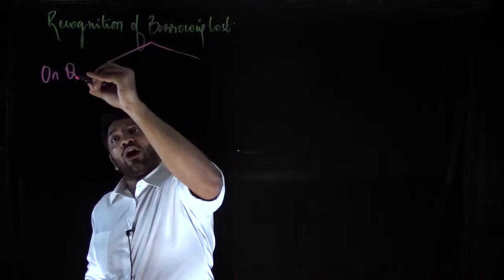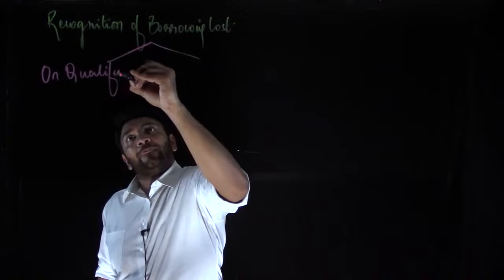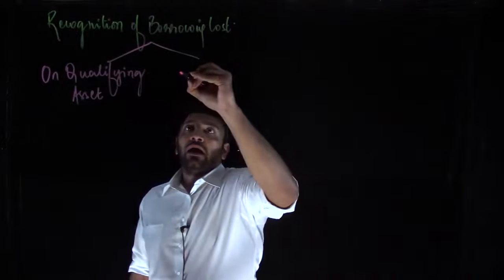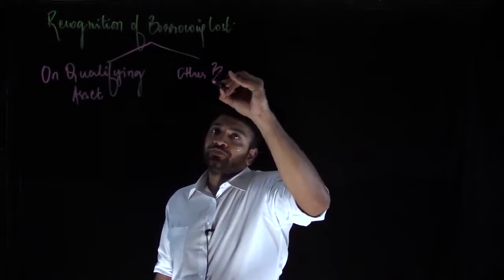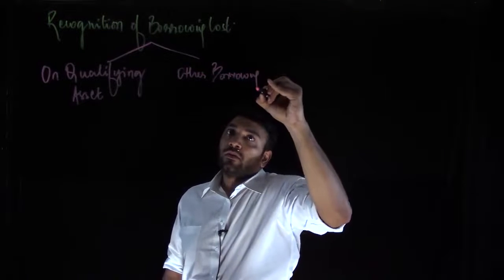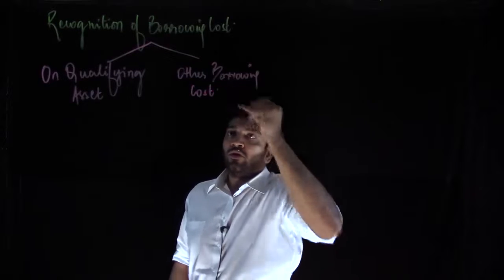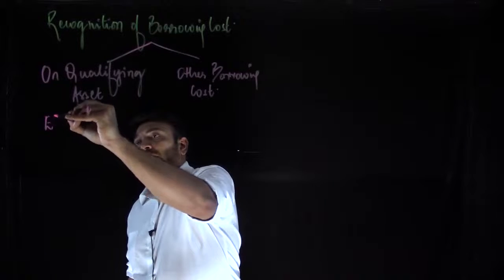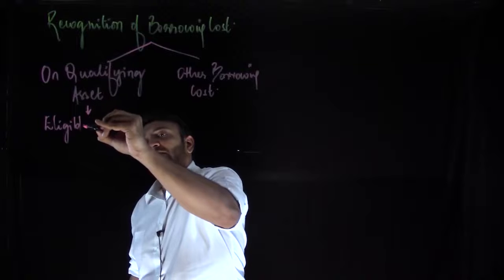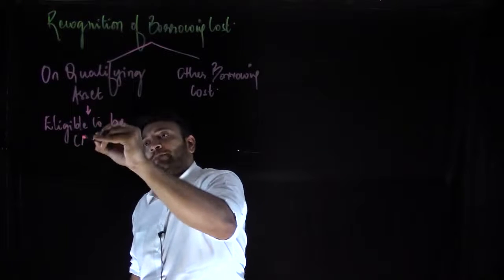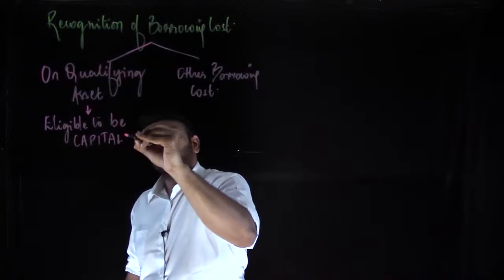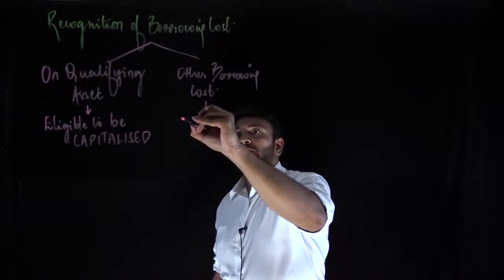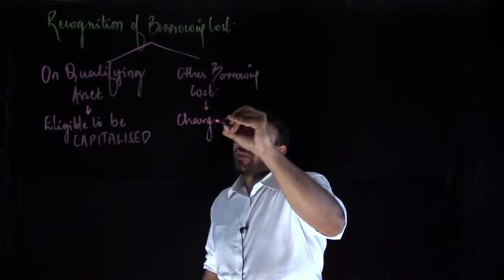Borrowing cost incurred on a qualifying asset, we will discuss what this qualifying asset is, and other borrowing costs. Borrowing cost incurred on a qualifying asset is eligible to be capitalized, while any other borrowing cost is charged to P&L.